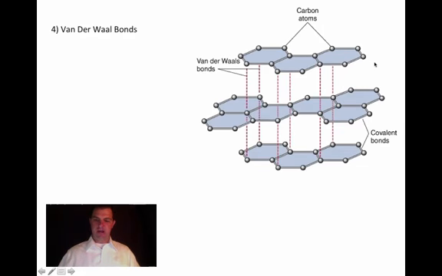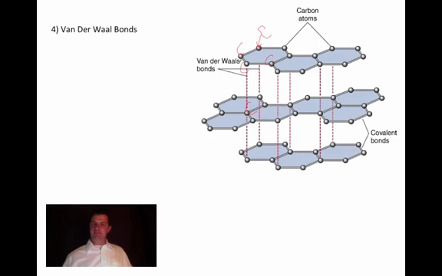Now, there are cases, and this is our fourth type of bond, where even if the electrons are shared equally, like in this case here, you have these rings. Anytime they draw these rings like this, if they don't tell you otherwise, at the corner of each ring is a carbon atom. Carbon tends to share equally among other carbon atoms.